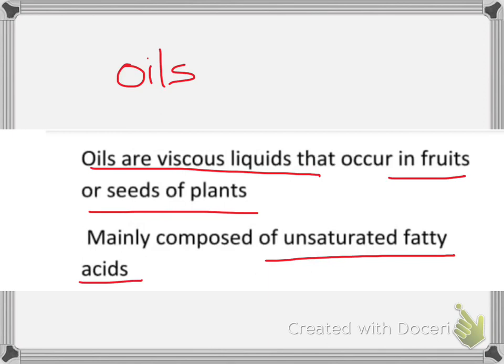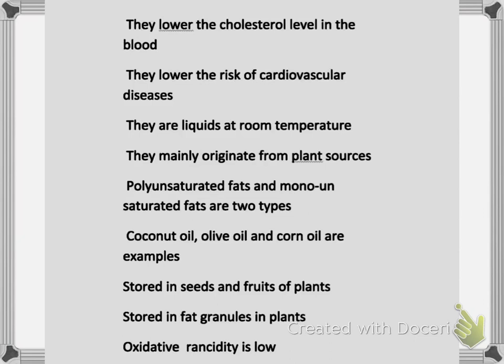We discussed that fatty acids which contain one or more double bonds are known as unsaturated fatty acids. Oils lower the cholesterol level in the blood and lower the risk of cardiovascular diseases.